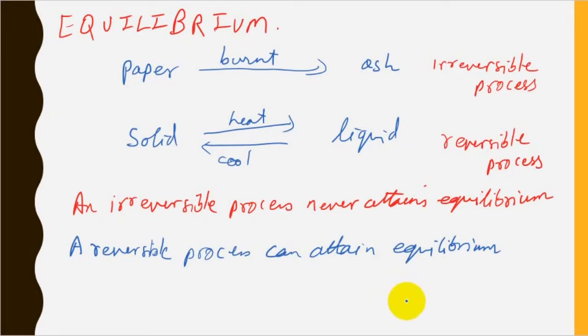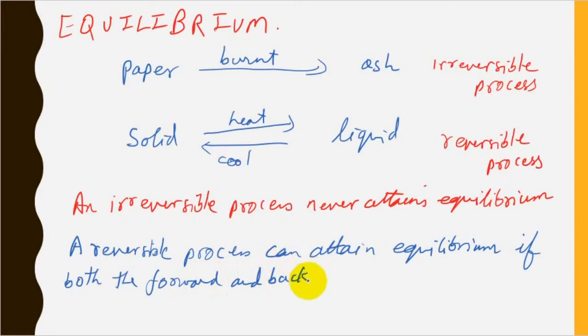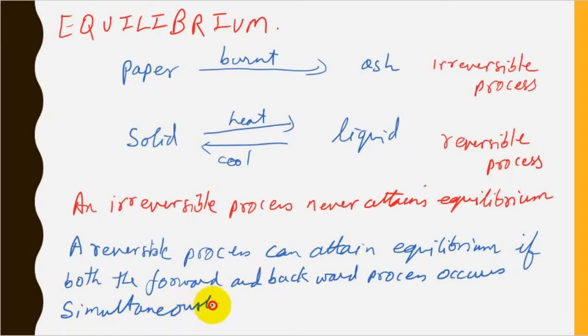A reversible process can attain equilibrium if both the forward and backward processes occur simultaneously, means at the same time.